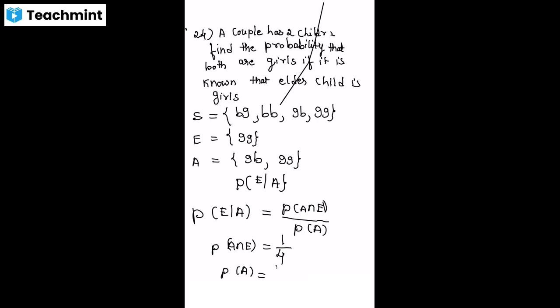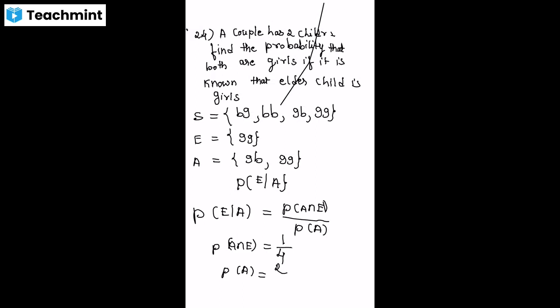Four. So probability of A is 2 divided by 4.